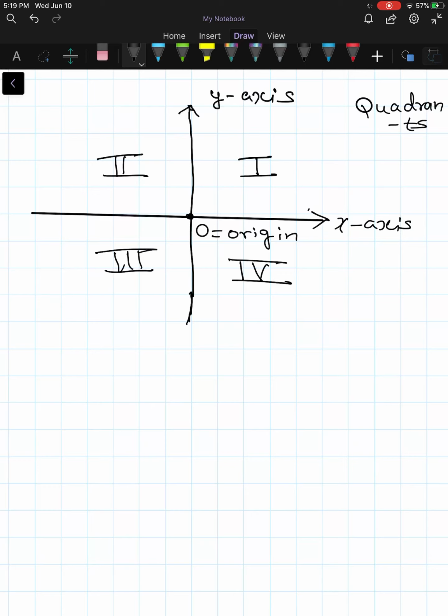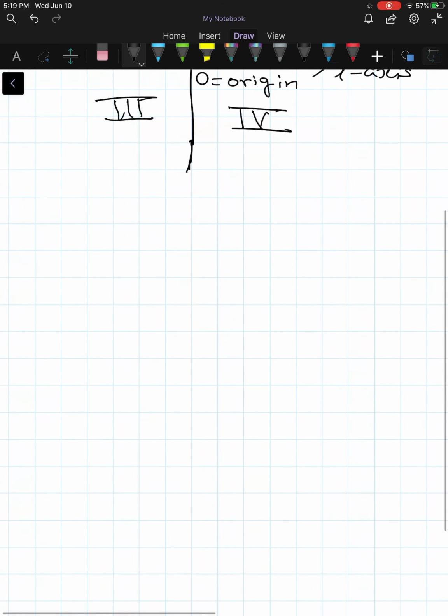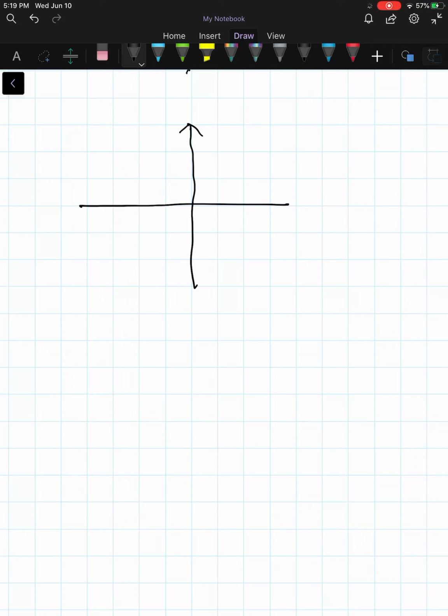Okay, so to plot a point on the coordinate plane, I will redraw the plane. So x and y, I'm sorry, I can draw my vertical line better.